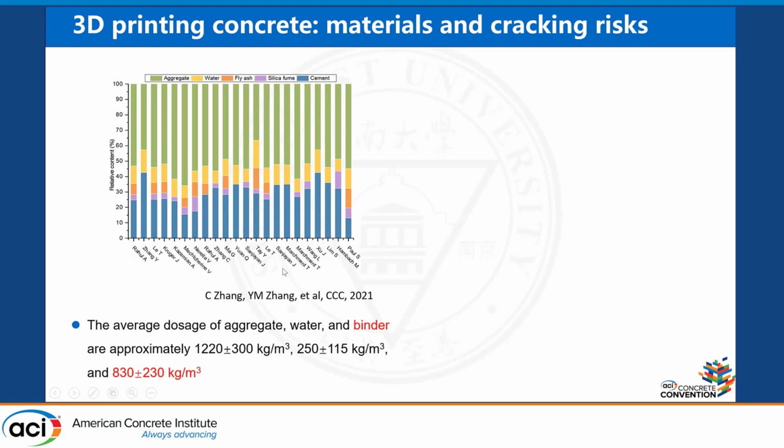So this means in 1 cubic meter of concrete, we need to use about 800-something of cementing material. That means the binding material for 3D printing concrete is about twice that of conventional concrete. So this is not low carbon, okay?